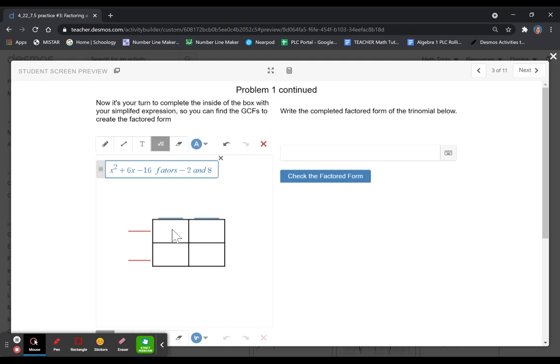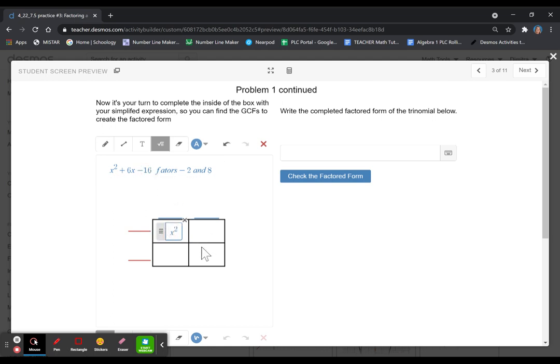All right, so we're going to fill in this table here, or the area model we like to call it. First term, first box, last term, last box. We're going to use this original expression to fill in the table, and we're going to use the factors to fill in the table. So first term from this expression is x squared, so we put our x squared there.